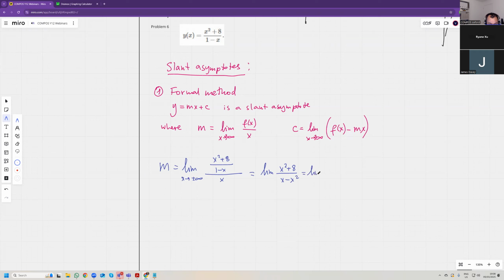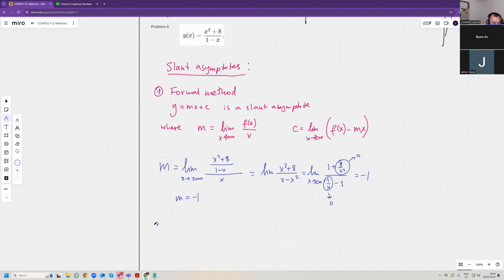We divide top and bottom by x squared, so 1 plus 8 over x squared over 1 over x minus 1. And as x tends to infinity, this tends to 0, this tends to 0, and it's minus 1. So m is minus 1.